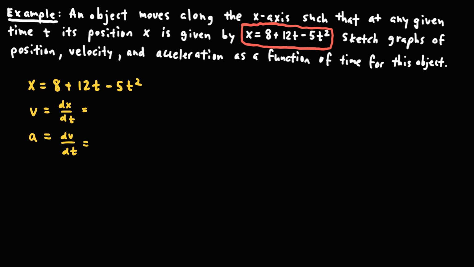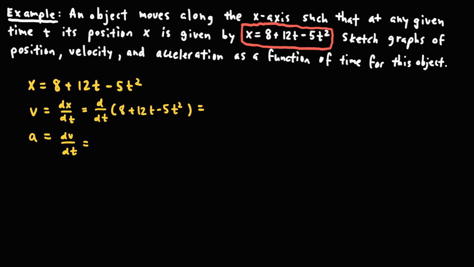For velocity, I could write this as d dt of x, where x is the function they gave me, 8 plus 12t minus 5t squared. And since there are three terms in this equation that are being added, I can take the derivative of each piece and just add them up.